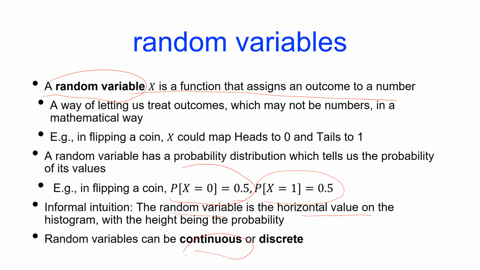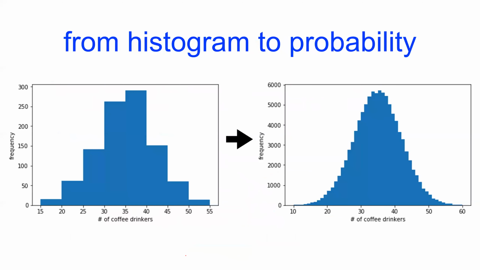Then we have to handle this probability in a slightly different way. I think we will come to this point in the next slide. So when we map our outcomes to a real number, if this real number is continuous, then we need to handle things in a slightly different way. It's no longer like a 0 or 1 to map a probability to an outcome. We need to handle it a little more carefully. We will see that.